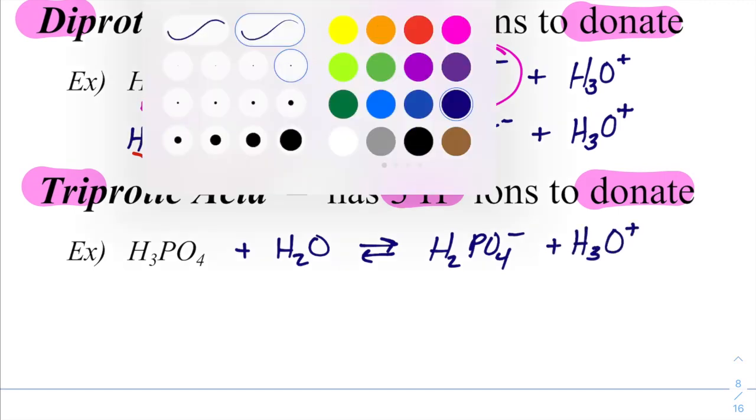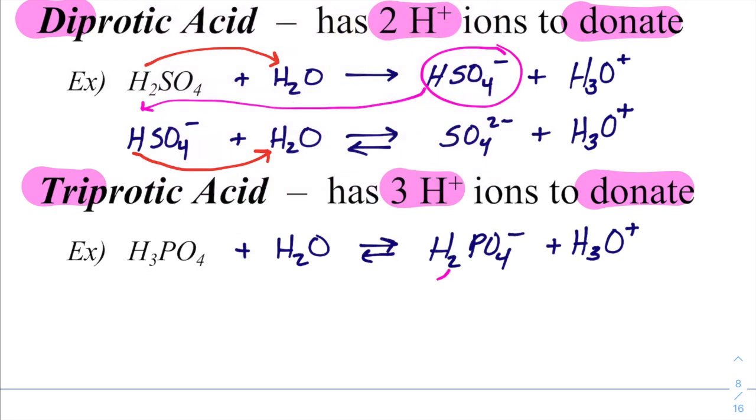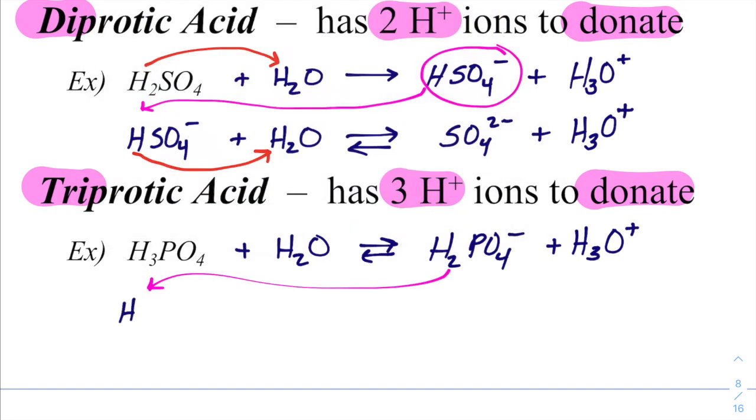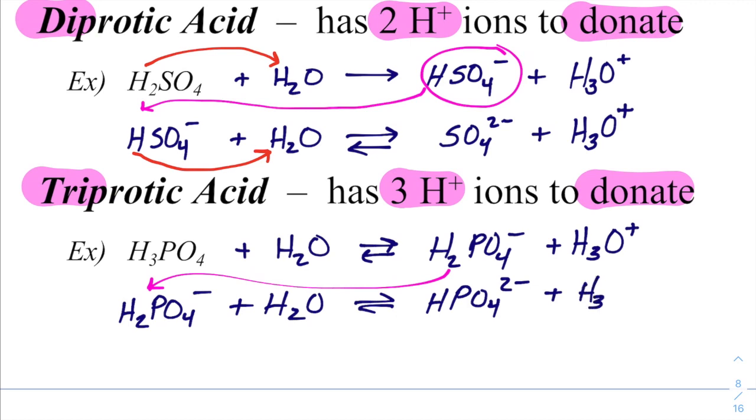Okay, but if you see that H2PO4, it also has the ability to find another fresh water molecule, and it can donate and leave behind HPO4. Now, since it lost another positive charge, it's now -2, and it creates yet another hydronium.